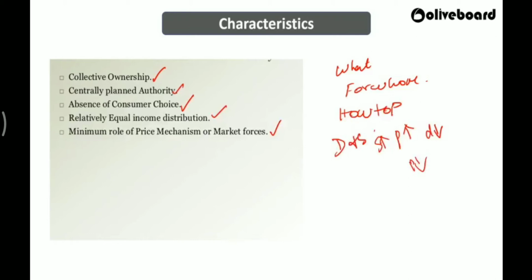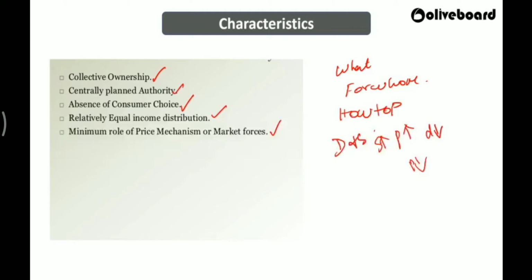Guys, understand price mechanism means it controls your demand and supply. Price always controls your demand and supply. At higher prices, as a supplier, you will supply more, but as a buyer, you will buy less. This is the normal phenomenon. But when the supplier is the government and there is no competition and everything is decided by the government, in that case, tell me guys, will price play a role over there?